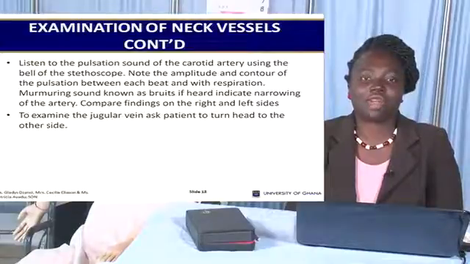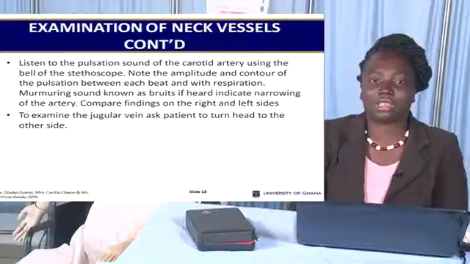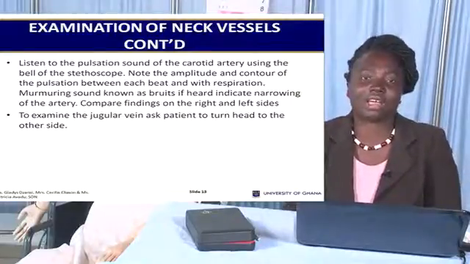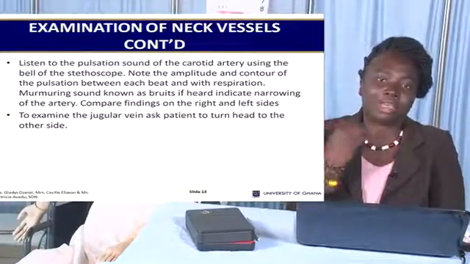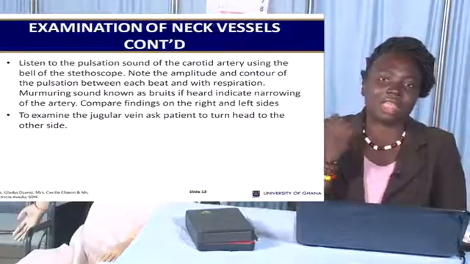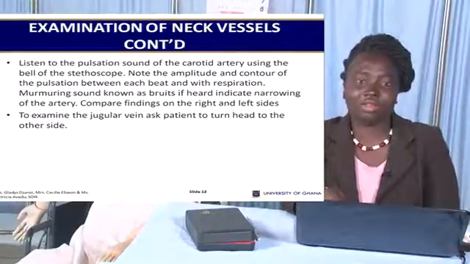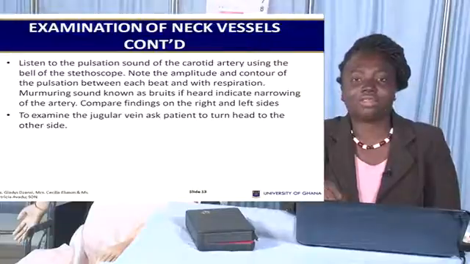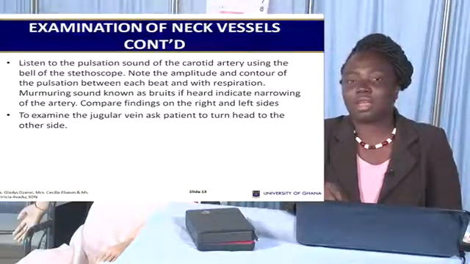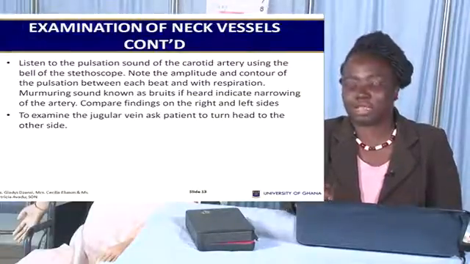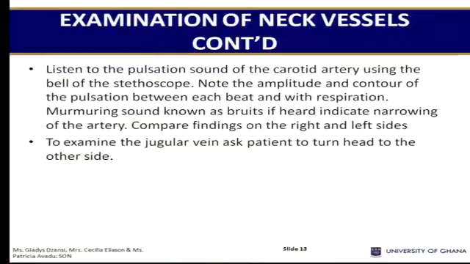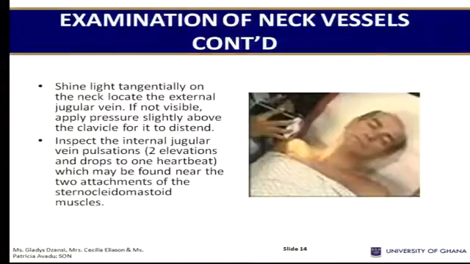To examine the jugular vein, ask the patient to turn the head to the other side. So after you have listened to the murmurs in the carotid artery, the next thing is to examine the jugular vein. And to examine the jugular vein, tell the patient to turn the head to one side. And whilst the head is turned to one side, you shine your tangential light on the neck, and locate the external jugular vein.